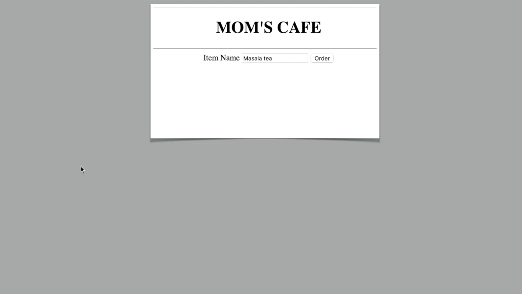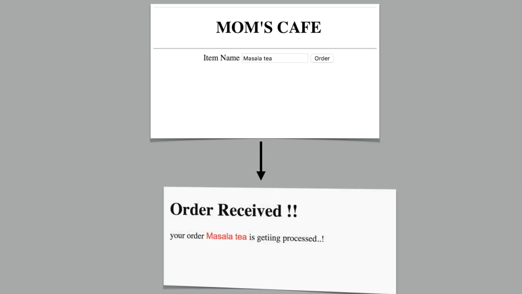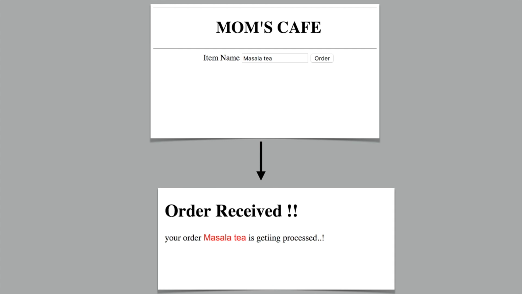That's fine. Right now, in our application, only one last thing is pending. Whenever we put an item name and click this order button, we need to show the order name in the view page, right? So we need to capture this data, whatever the user is entering, and show it on the next page called masala tea.